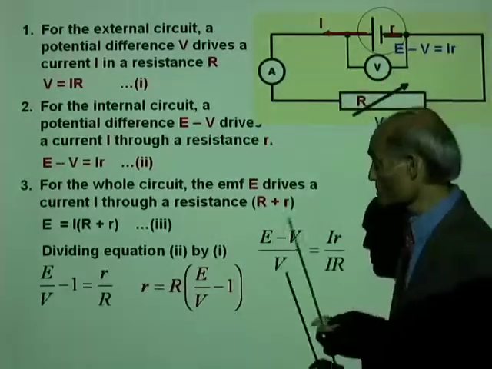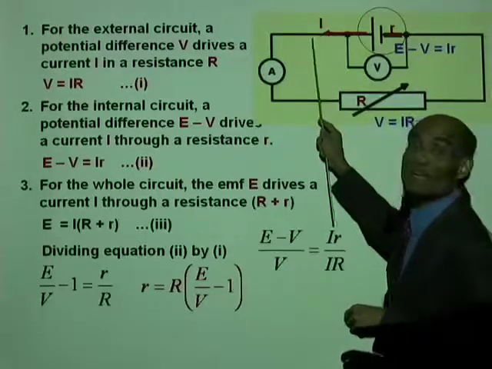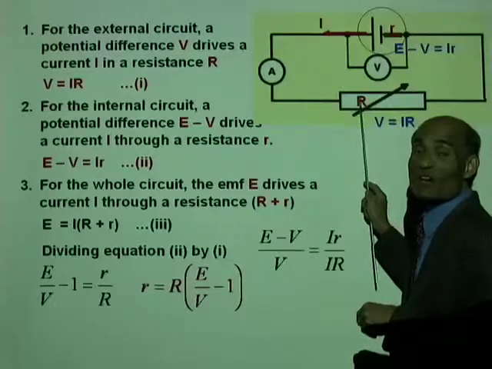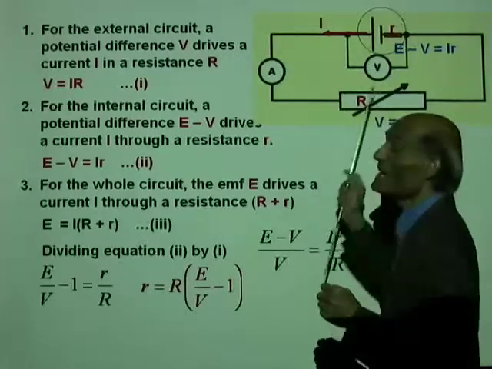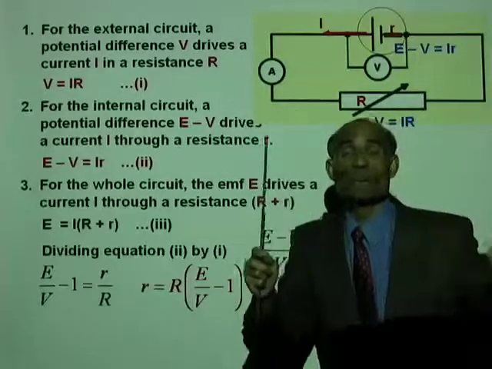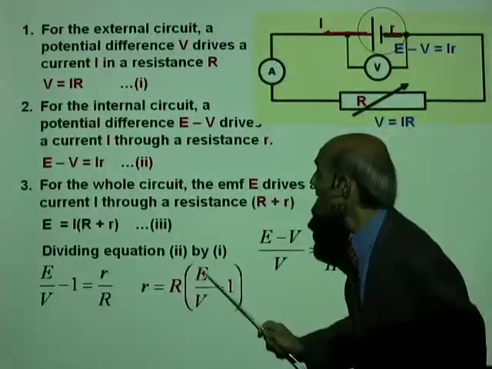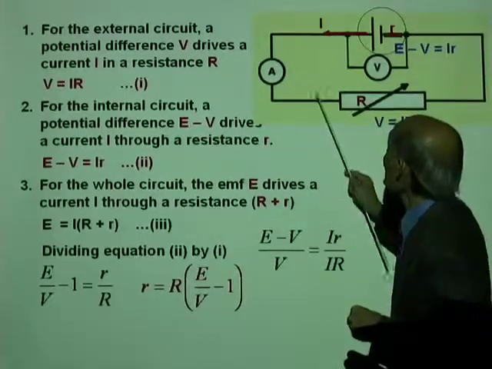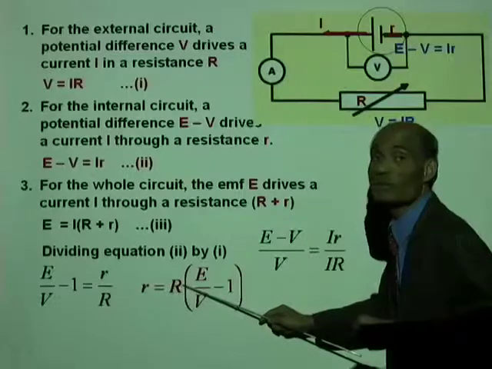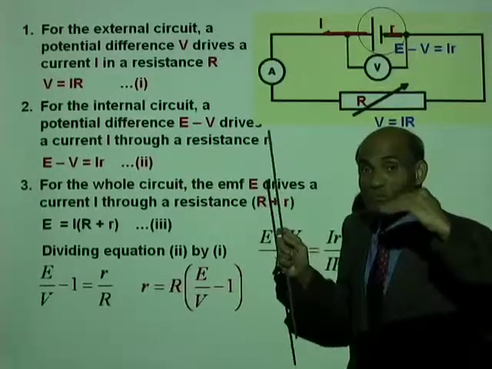Now, what do you do to do that? First of all, exclude the external resistor. First, connect the cell directly to the voltmeter without any external resistor. Measure the EMF E. Then connect an external resistor R, and then you know the voltmeter reading will go down.